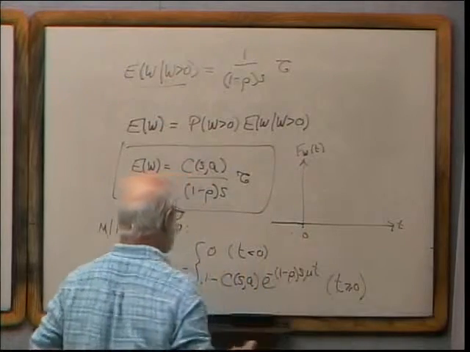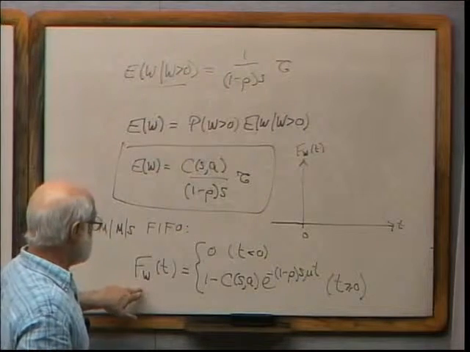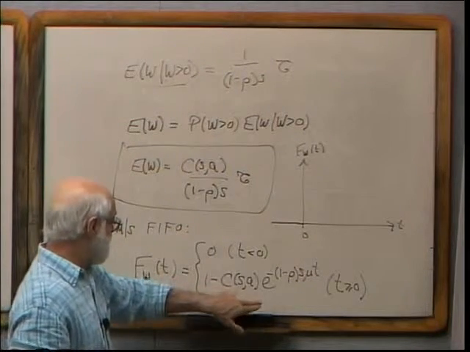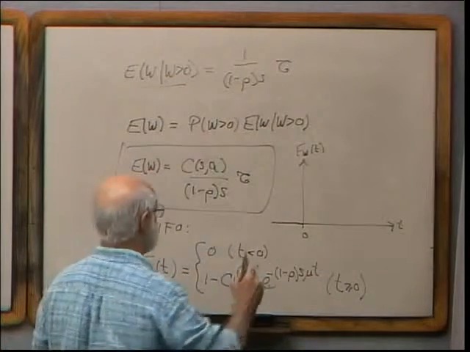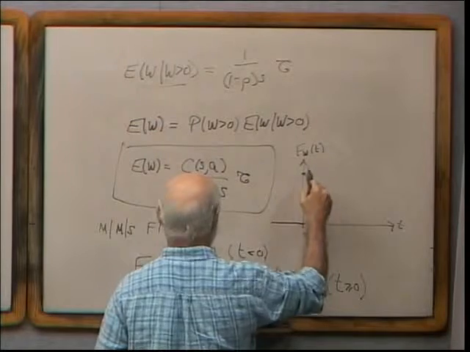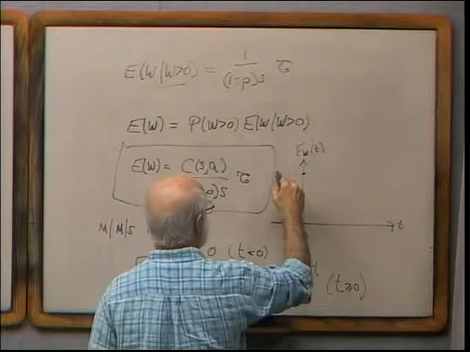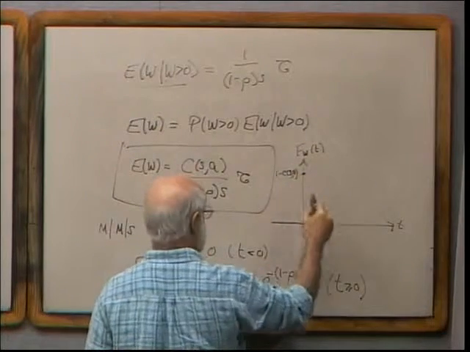When t is equal to 0, when I jump from this branch to this branch, the distribution function is given by 1 minus the Erlang C value because the exponential term is 1. So therefore, there's a discontinuity, and it jumps up here to 1 minus C of s and a. And then after that, it will look like this.